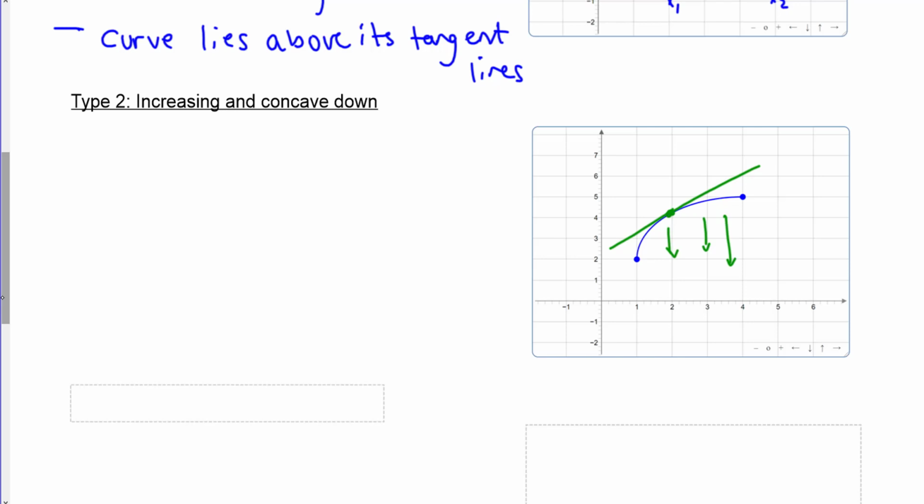But this is a different type of curve than the one above because it is increasing. The y values are getting larger from the first x value to the second x value, but it's concave down. So increasing and concave down. The next option are functions that are decreasing.